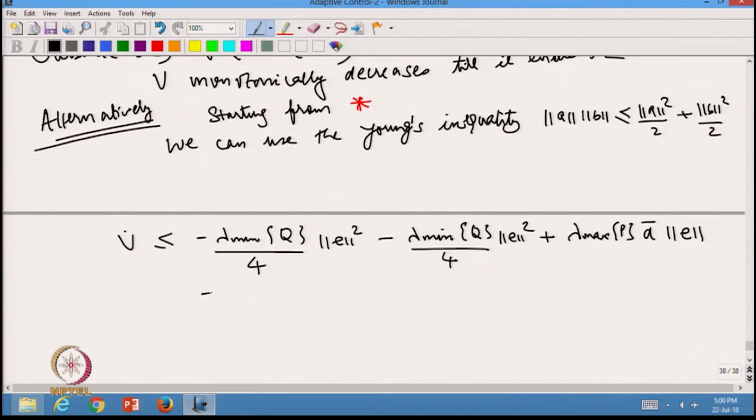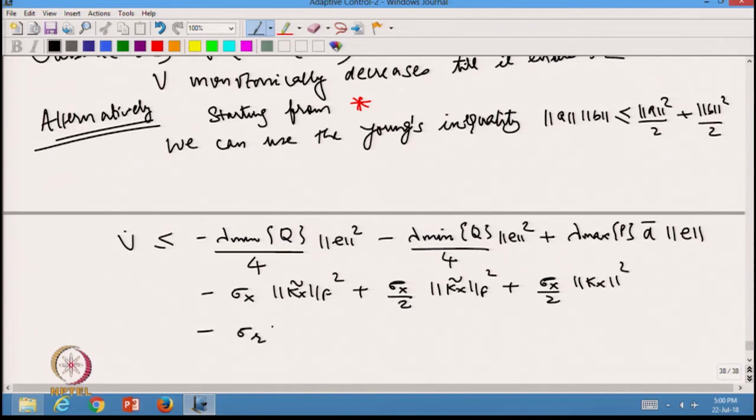Then what we have is the negative terms involving kx tilde square. Then we use the Young's inequality, and what we get is sigma x over 2 kx tilde square plus sigma x over 2 kx square.